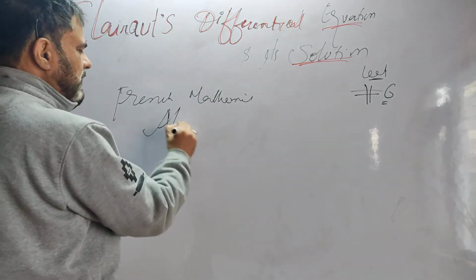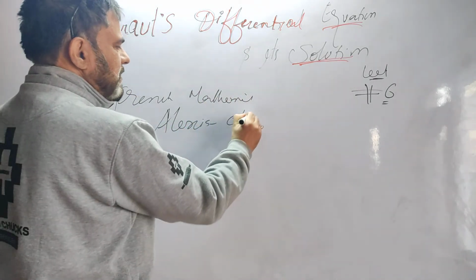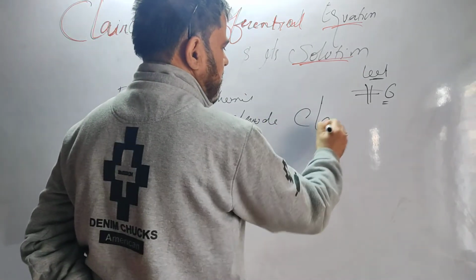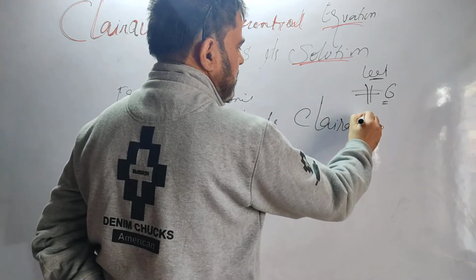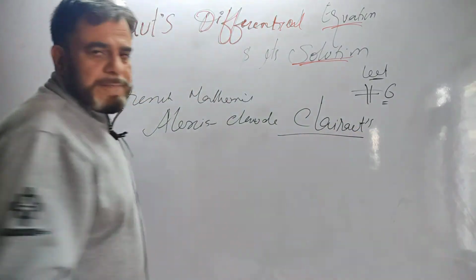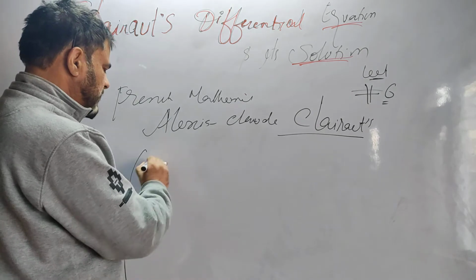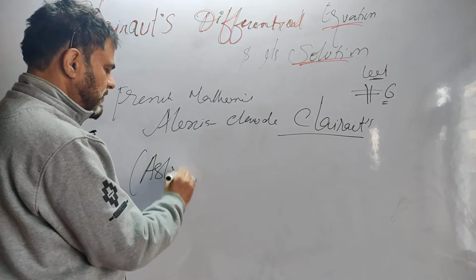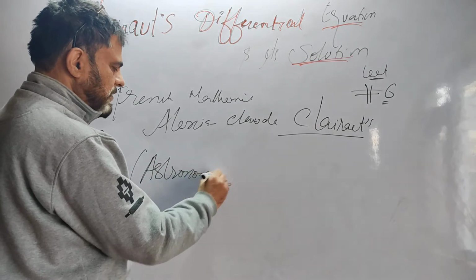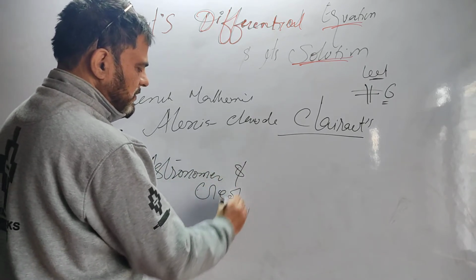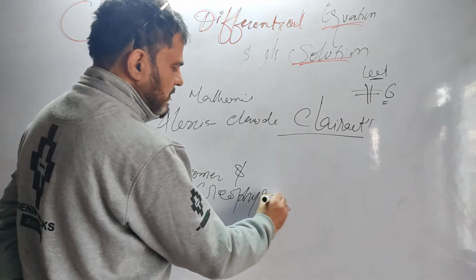Named Alexis Clairaut. The great mathematician, French mathematician. He was an astronomer and geophysicist.